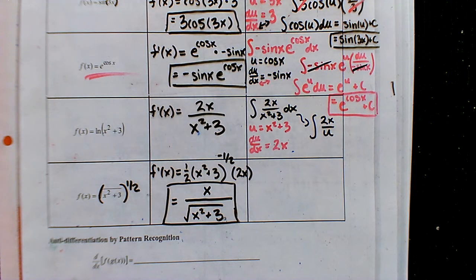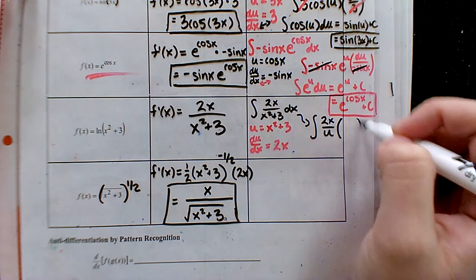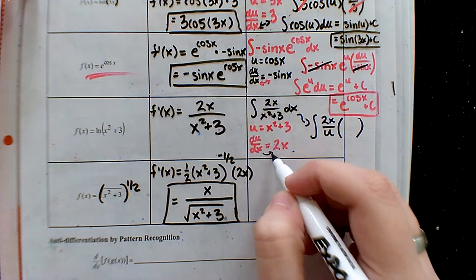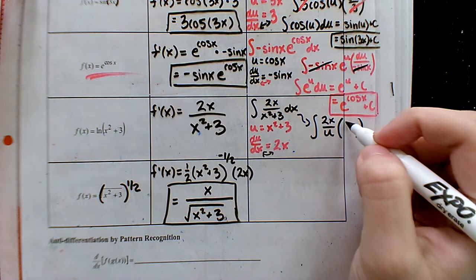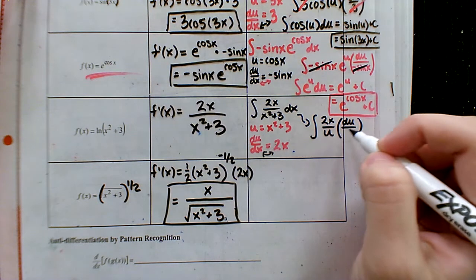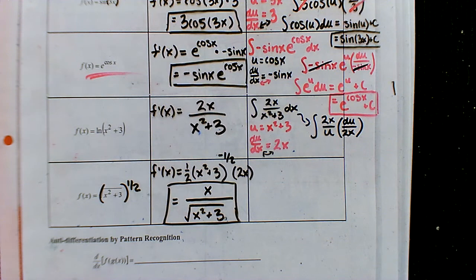That's the only thing I changed. So the 2x is going to stay the same. If we were to rewrite dx, or solve for dx, it would switch with the 2x derivative that we found. So we would have du over 2x. Anything going to happen?